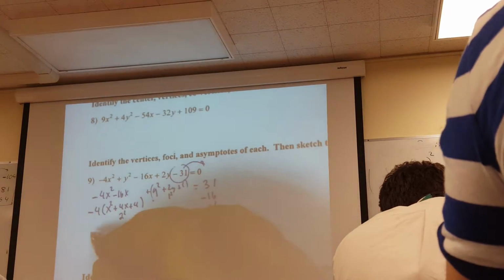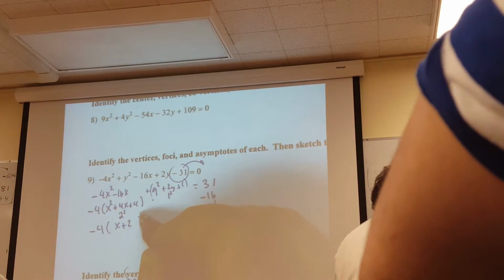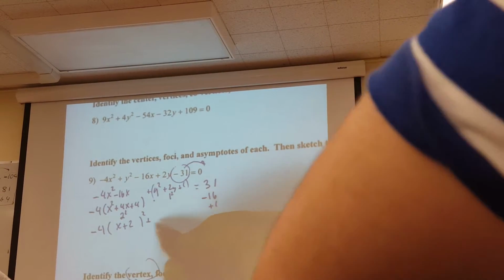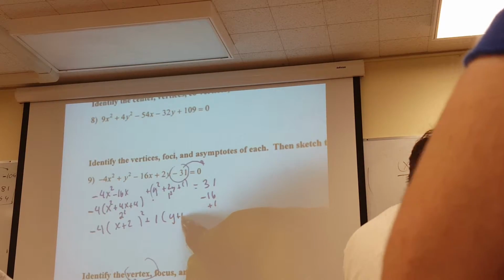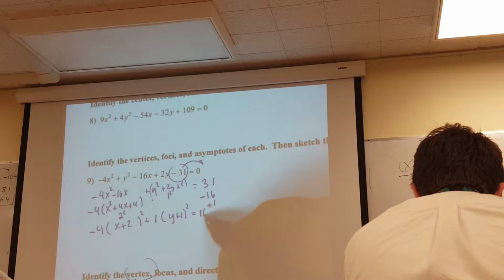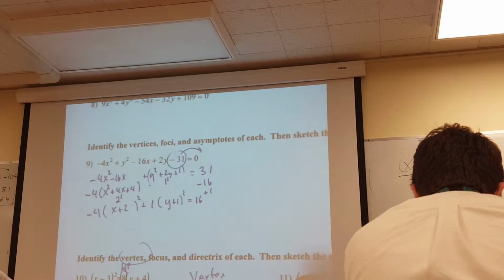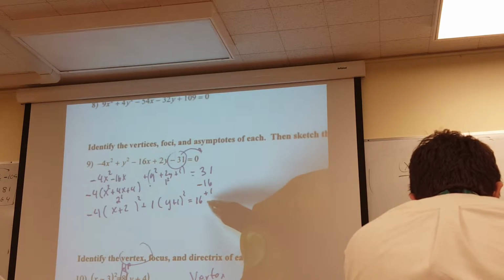So over here, I have the negative 4, and then that's x plus the 2 squared, plus a 1 in front of y plus 1 squared equals 16. 31 minus 16 plus 1 is 16.